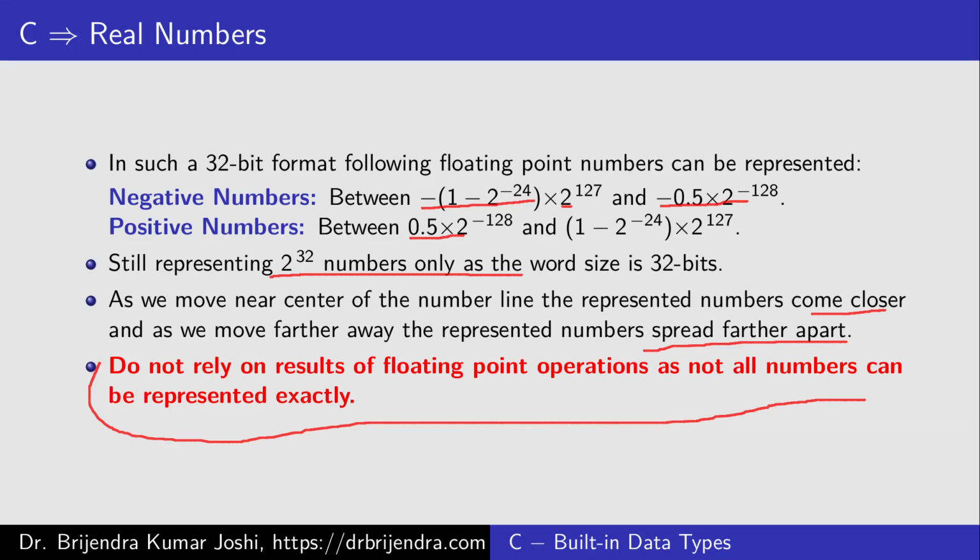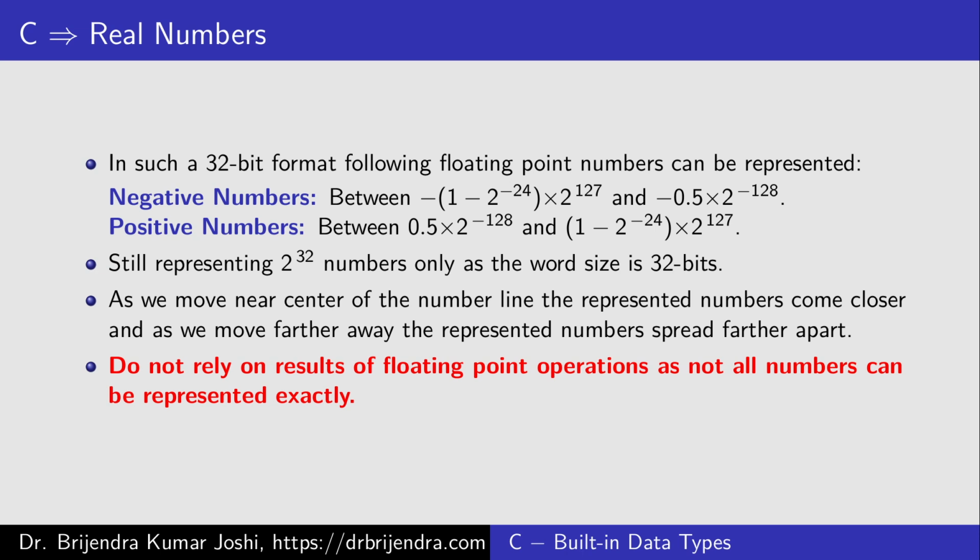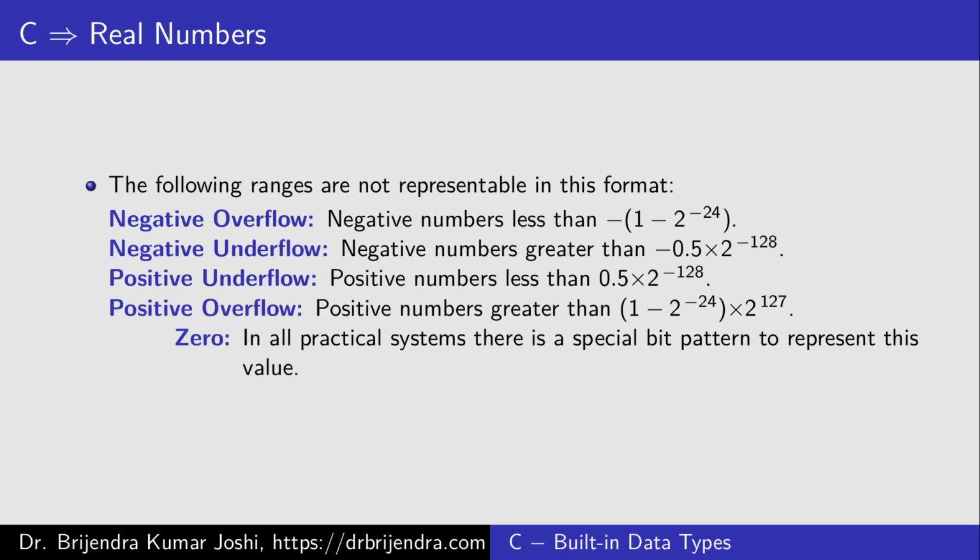Then 0.01, which is 2 to the power minus 2, is 0.25. Then 0.001 is 0.125, etc. So those numbers can be represented exactly, otherwise the number cannot be represented exactly using this floating point representation.